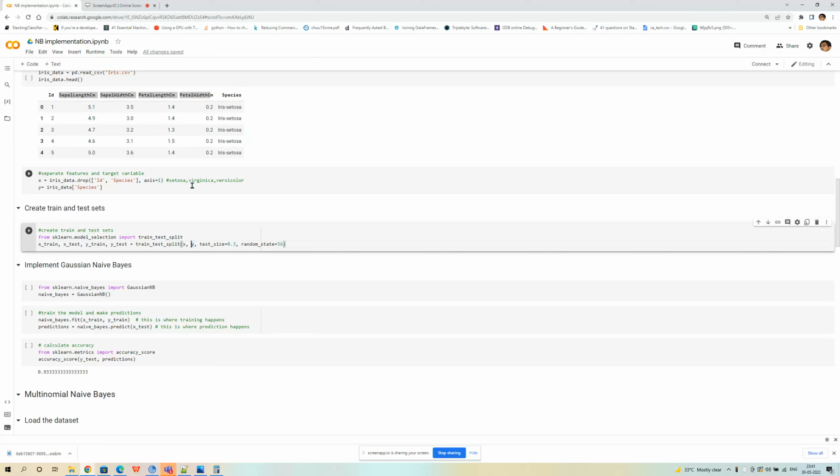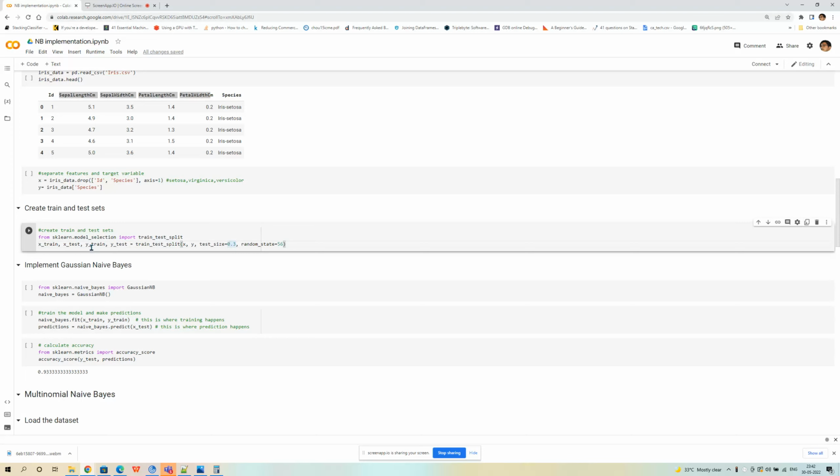So whether it is a Setosa, Virginica, or Versicolor, and we are giving test size as 0.3, saying that if there are 100 data points, 70 data points will go to train and 30 will belong to test. What are train data and test data? You give the train data to the model so that the model can learn, and you test it on test data to know how well the model performs, how well it learned during training.